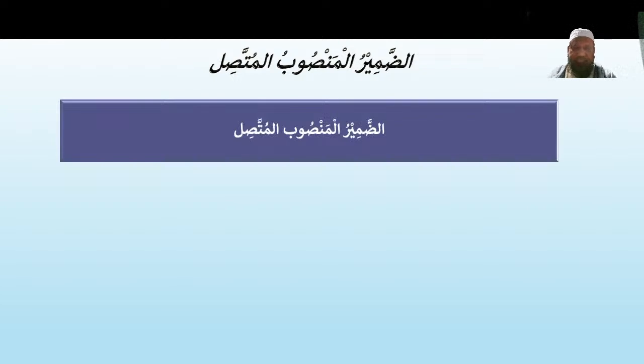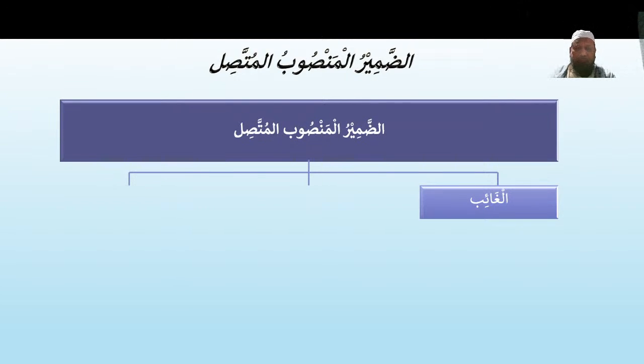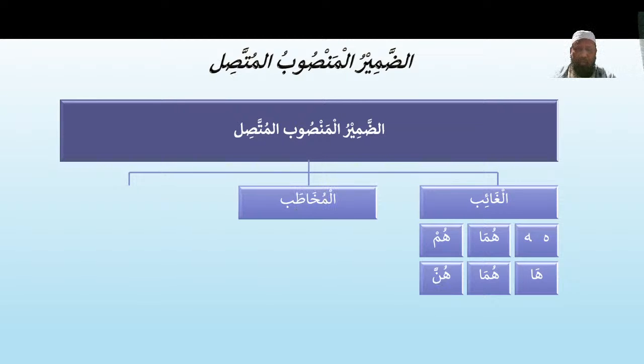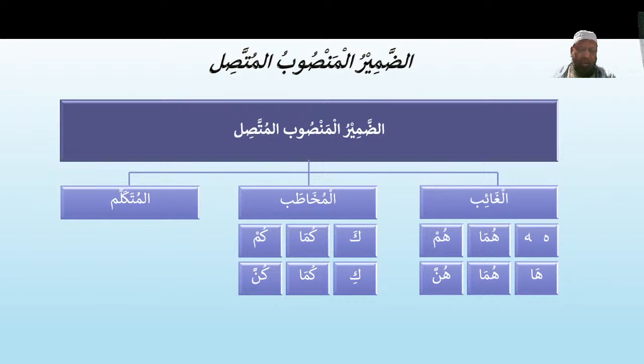But when ضمير متصل comes with the فعل, it is only going to be مفعول به, nothing else. So these are the 6 for غائب, 6 for مخاطب, and 2 for متكلم, ياء المتكلم and نا المتكلمين.